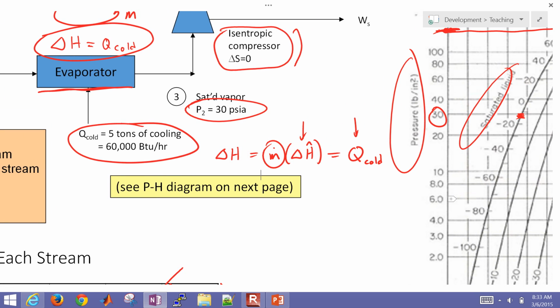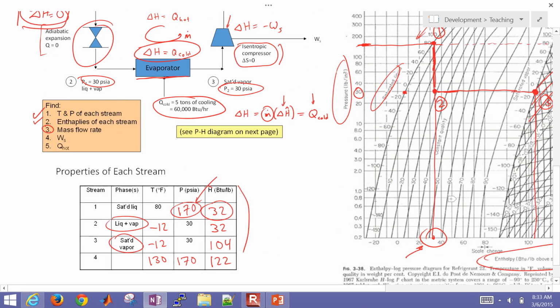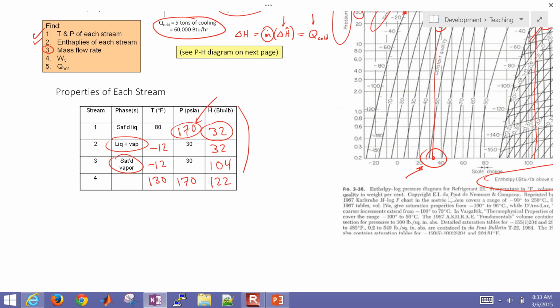Okay, so let's just zoom out here just a little bit. Okay, so we'll go ahead and calculate the mass flow rate of how much is circulating around, and so that is going to be delta H. So I'll just write this out: m dot delta H equals Q cold.